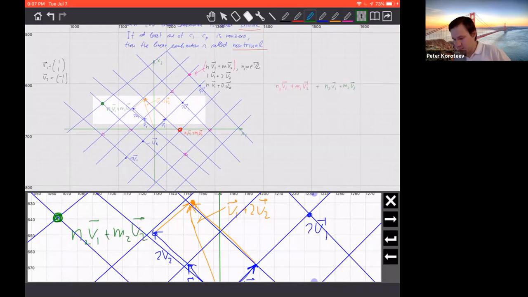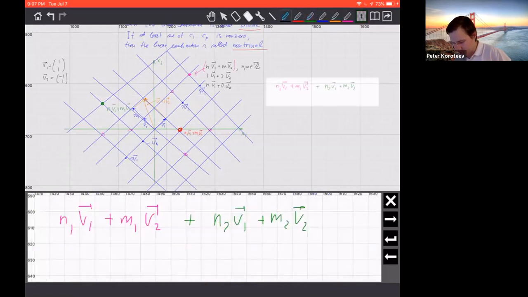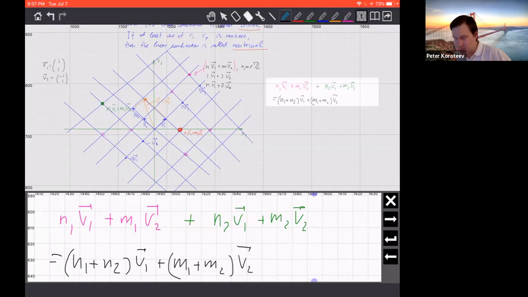And now we can add them. We do standard vector addition, but we can write it here, right? So it will be (n1 plus n2) v1 plus (m1 plus m2) v2. And again, by construction, this point must be on the lattice, because if you add two integers, it's an integer again. So the integers are closed under addition.